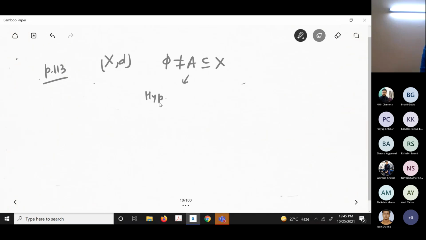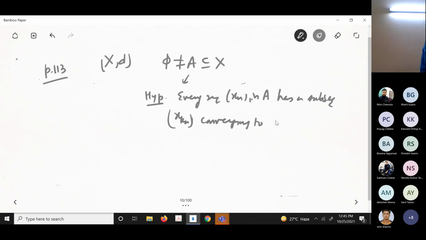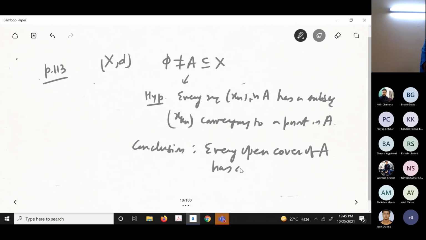The hypothesis is that I assumed every sequence xn in A has a subsequence again converging to a point in A, and then the conclusion I got is every open cover of A has a Lebesgue number.